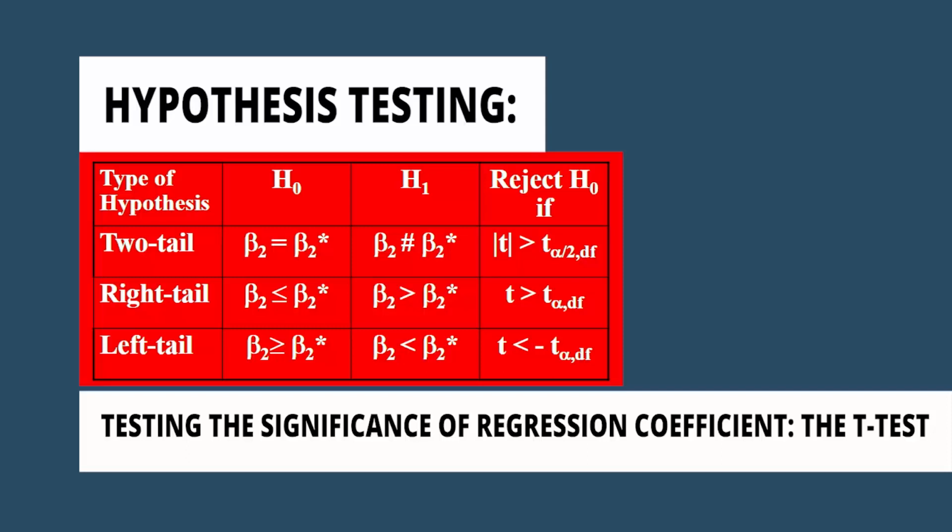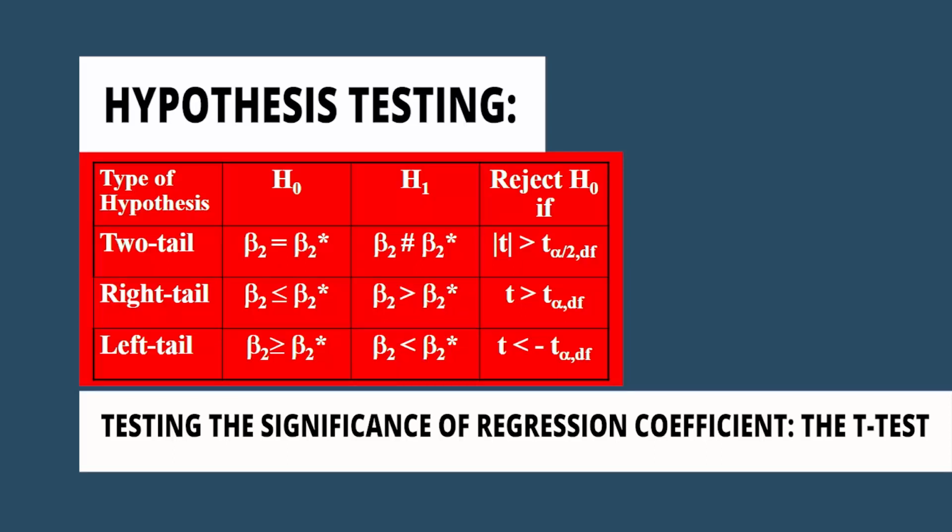But when we go for the right hand tail, we observe that the null is of the less than type and the alternative hypothesis is of the greater than type, which means that here we are only considering either the right hand side or the left hand side of the distribution. If we look at the right hand side of the distribution, then t is greater than t alpha.